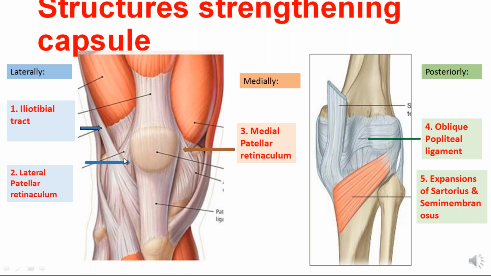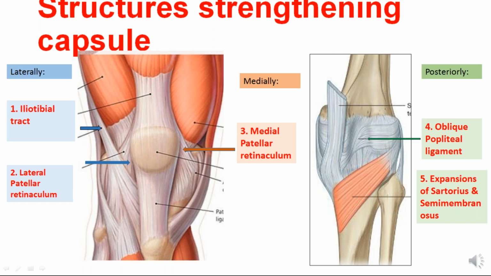The structures which strengthen the capsule are extensions from the surrounding structures. Laterally, it is strengthened by the iliotibial tract, the extension from the ligamentum patellae, and the extension from the vastus lateralis to the ligamentum patellae, which is the lateral patellar retinaculum.